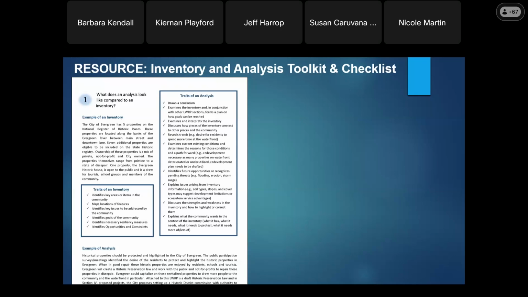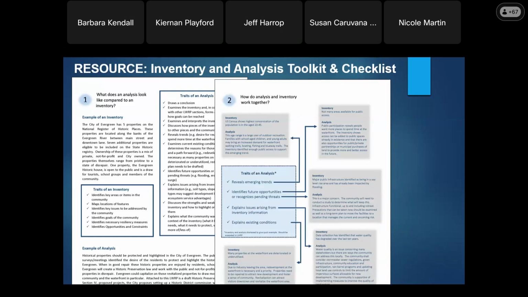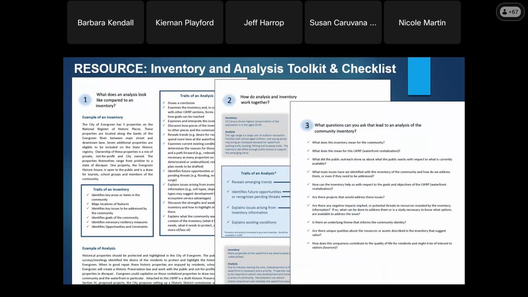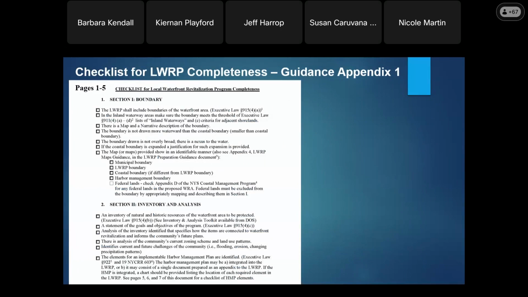It will tell you different traits of an analysis. So it's a cool tool to have as well because it shows the interconnectedness of the two and how they relate back to each other. So we can provide that to each community at the start of the project so they can get a better understanding of how they work together. And that's a 3-page toolkit.